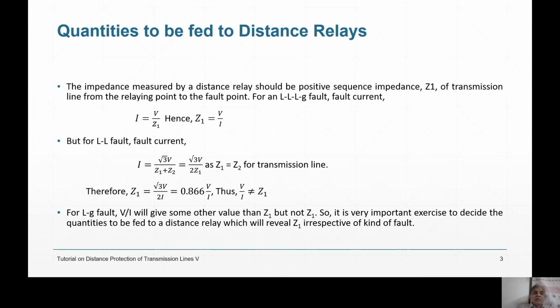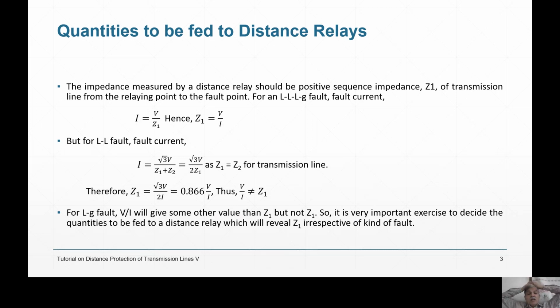It should not differ. And if you go to LG fault, V by I will give some other value, because the formula for LG fault is I equal to 3V upon Z1 plus Z2 plus Z0 plus 3ZF plus 3Zn, if you have connected Zn. And even if you have not connected Zn, there is ZF.